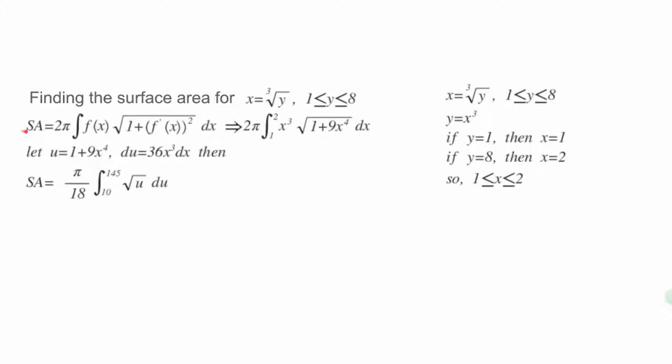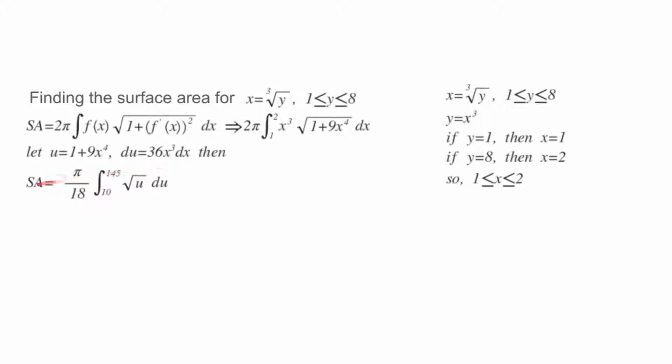Then we can write down the surface area, which is 2 pi integral of f(x) times the square root of 1 plus the derivative of f(x), squared, dx, and put our numbers in the formula. It becomes 2 pi integral 1 to 2 of (x over 3) squared times the square root of 1 plus (9 times x^4) squared, dx. To find this part of the formula, we use u substitution, letting u equal 1 plus 9x^4, so that du equals 36 x^3 dx.